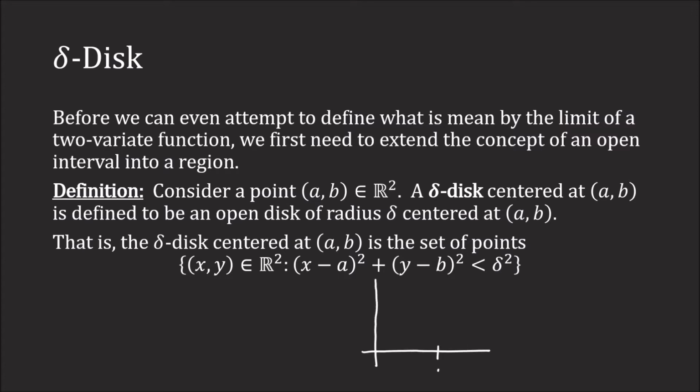Right, so if this is our plane region, there's a, there's b, this would be (a, b) right there. So we draw a dashed circle around it of radius delta, and that would be a delta disk.